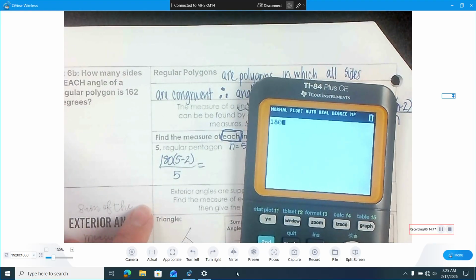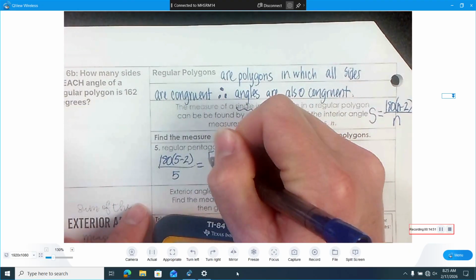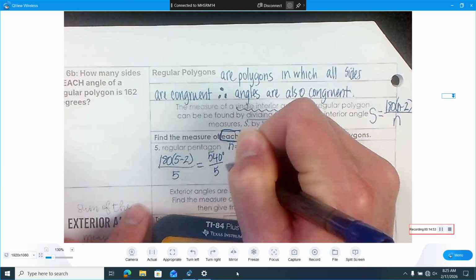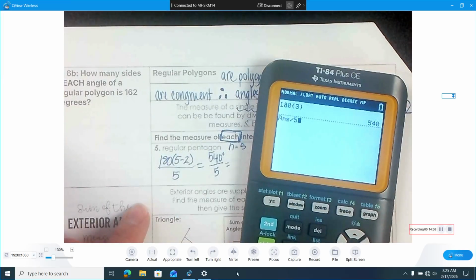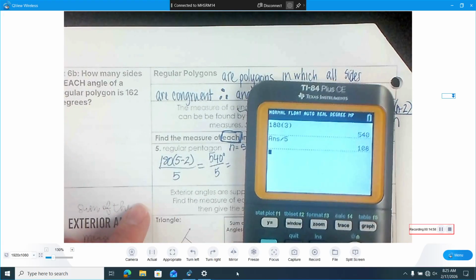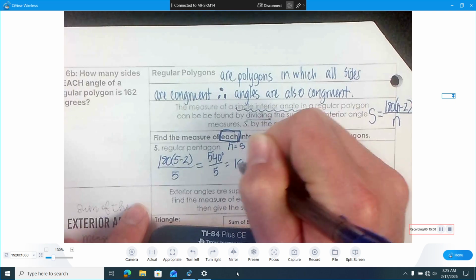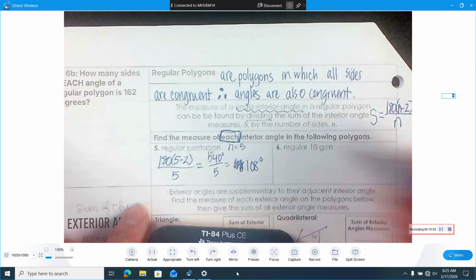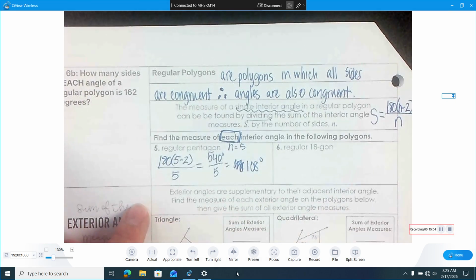So 180 times 3 gives me 540. 540 degrees divided by 5 angles, so split amongst 5 angles, we get 108 degrees. Oops, 108 degrees for every single angle.